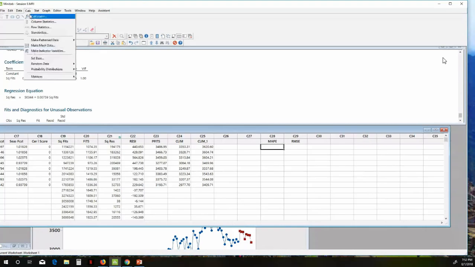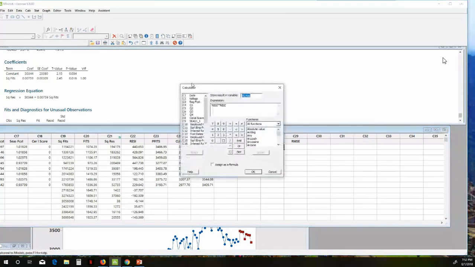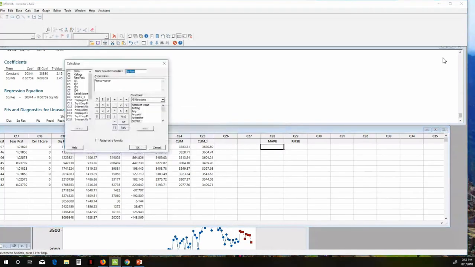Go to calculator. We're going to put this in MAPE. Find the MAPE column. Take the absolute value of the residuals. Divide those residuals by the original data. Slash.